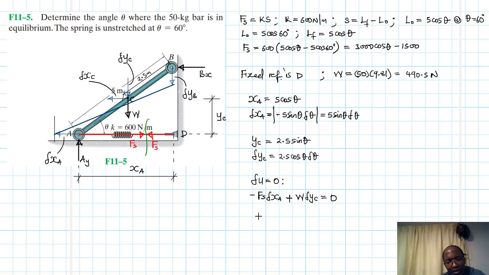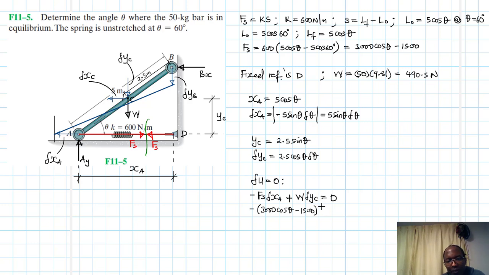So let's replace in the values there. Fs, we calculated Fs already. So Fs is just going to be equal to minus 3000 cos theta minus 1500.